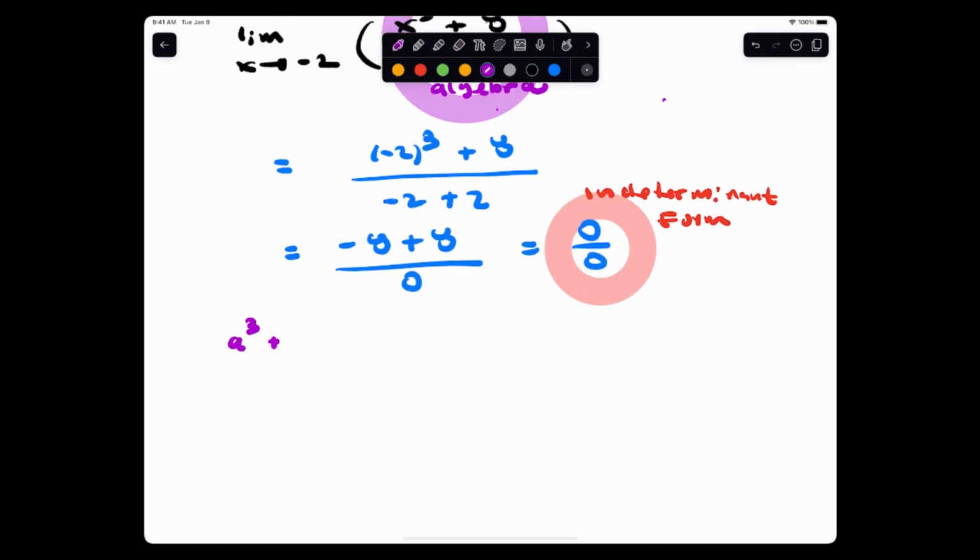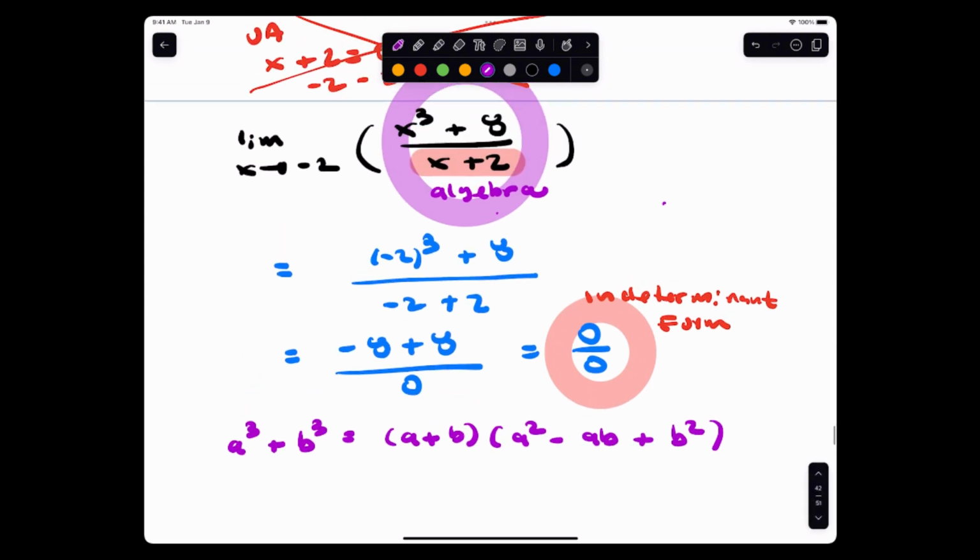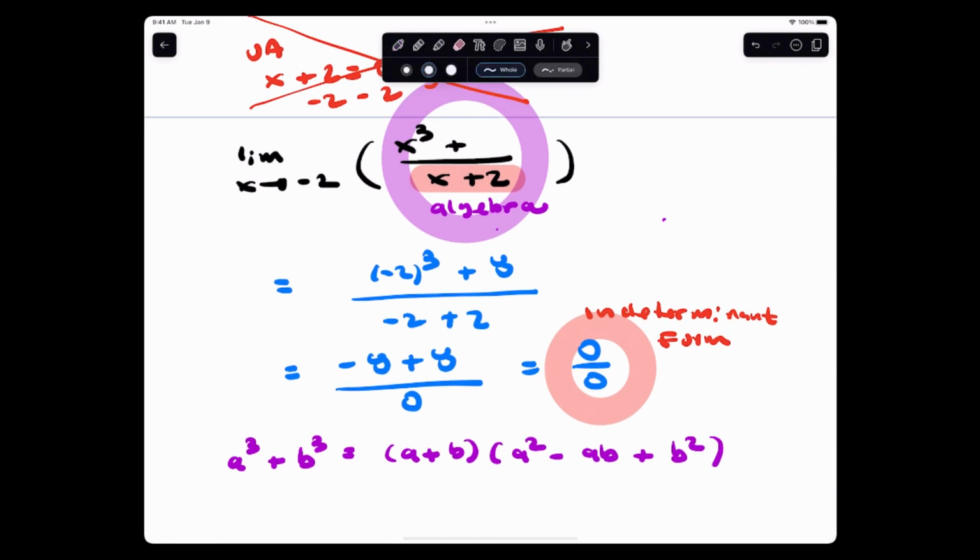So you get a cubed plus b cubed equals a plus b times a squared minus ab plus b squared. That's the special factor for the sum of perfect cubes. So you say, am I going to use that there? Yeah, because 8, if you notice, is actually 2 cubed.